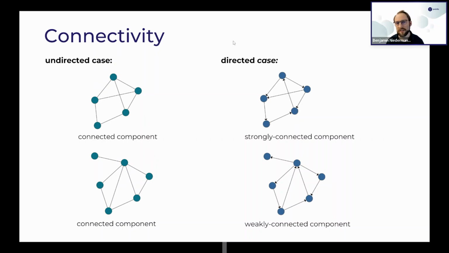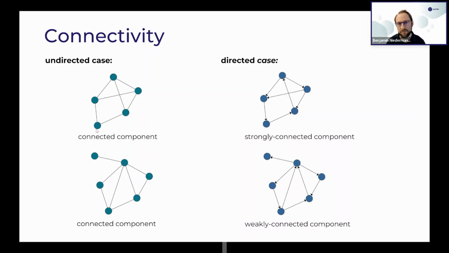As you already have seen in this picture that I've showed you before with these red and orange nodes, we have several components, so it's not a connected graph. So in the undirected case, these two are connected components, but the entire graph here is unconnected. So basically there are two nodes where we can't find any path between these nodes.